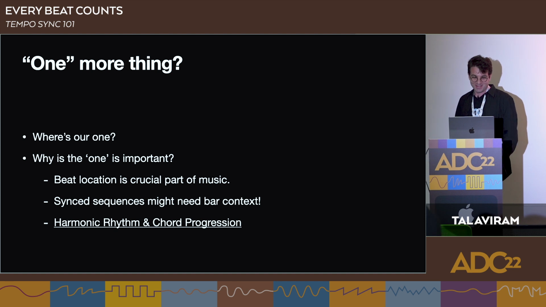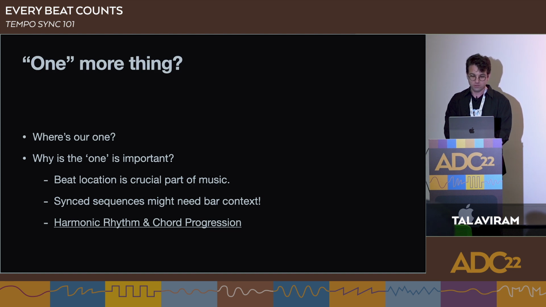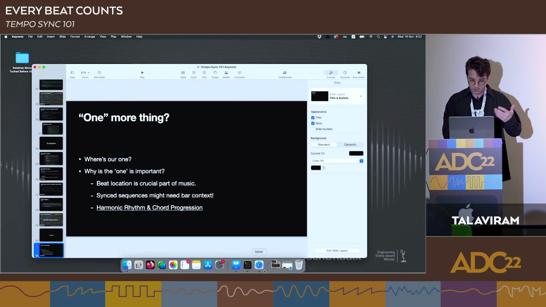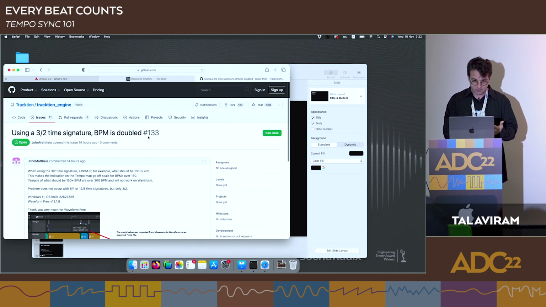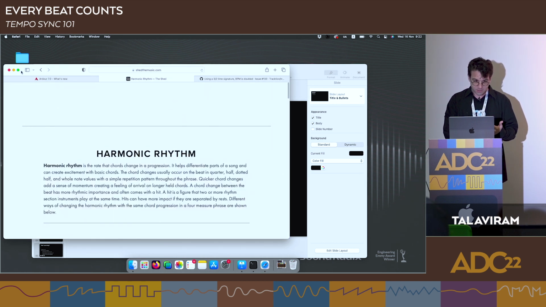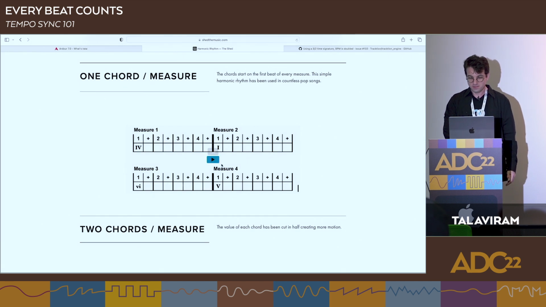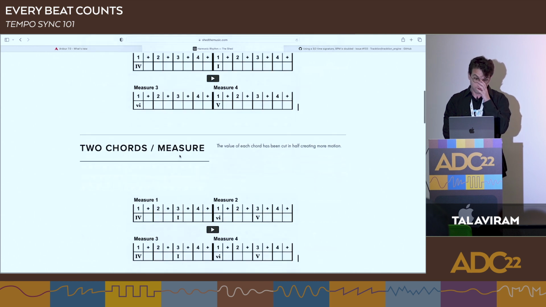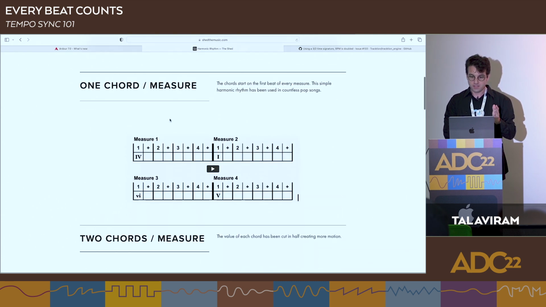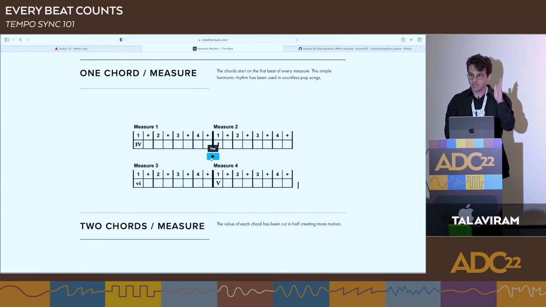So beat location is a crucial part of music. For the less musical, for the developers to understand this, I saw this website, and here you can see some chord progression, and how much the position in musical time affects how we perceive the harmony.